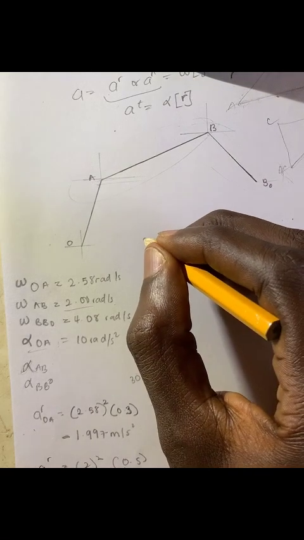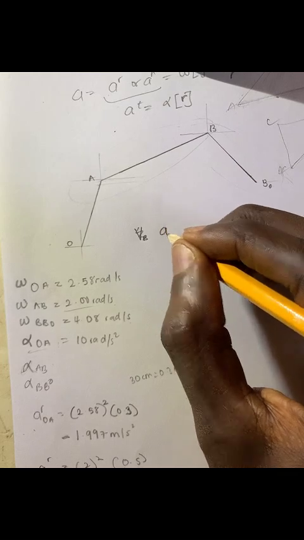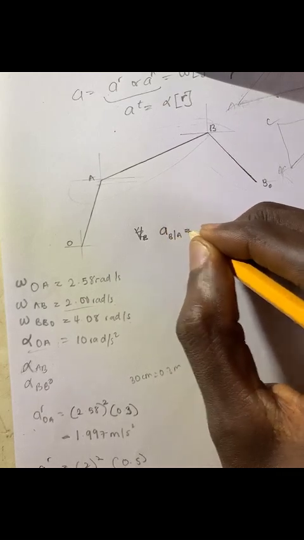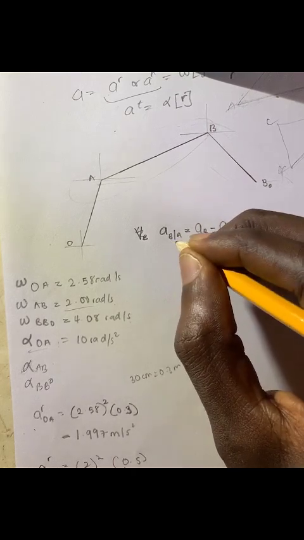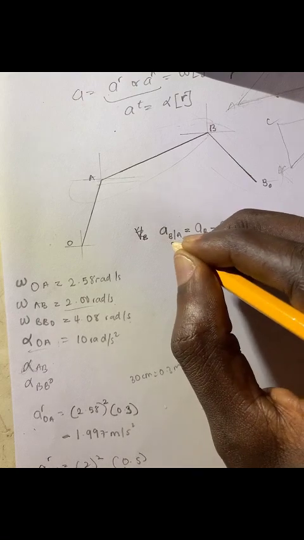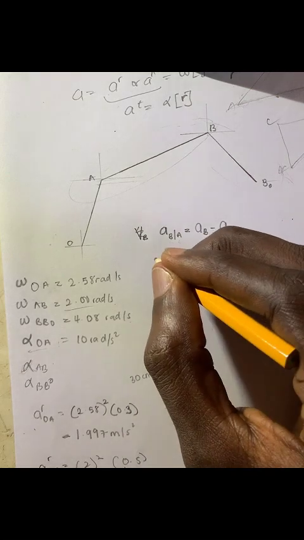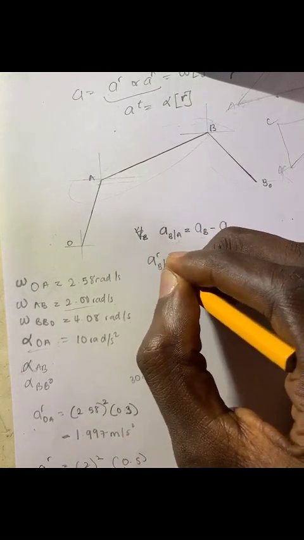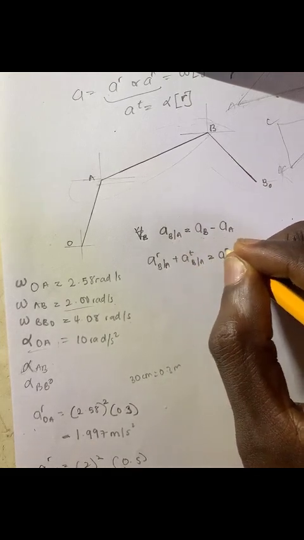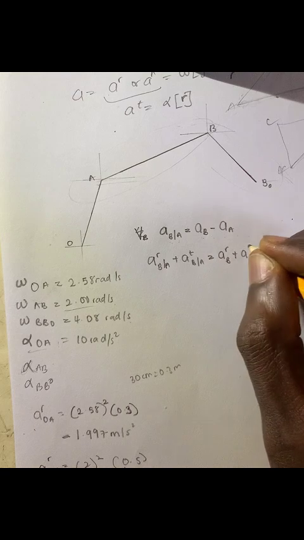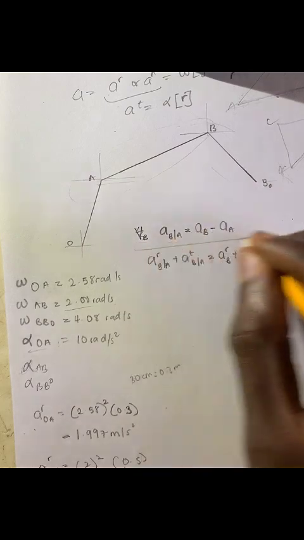So I can say that the acceleration of B relative to A is equal to the acceleration of B minus the acceleration of A. I think there are two components for each, so the acceleration radial of B relative to A plus acceleration tangential of B relative to A is equal to acceleration radial of B plus acceleration tangential of B minus, oh, there's a mistake before I go to this.